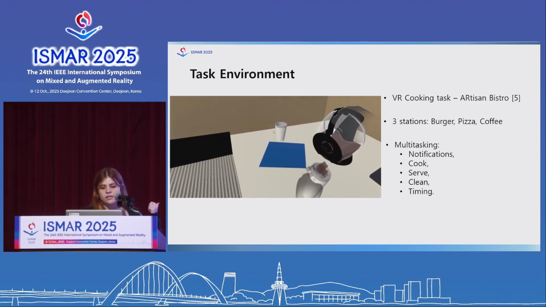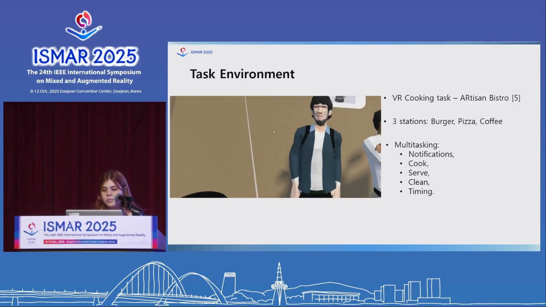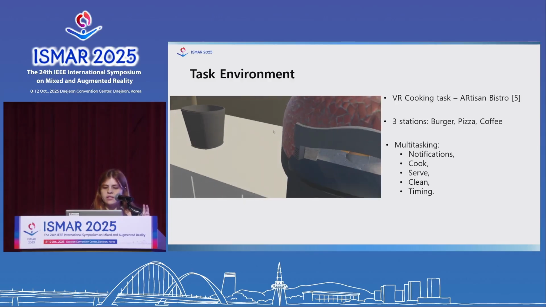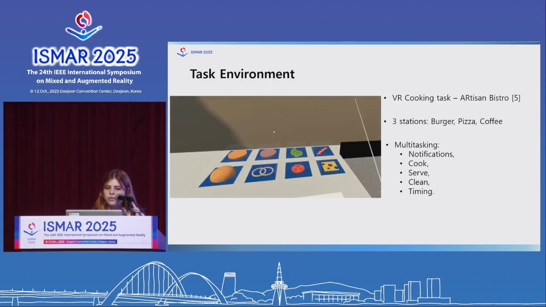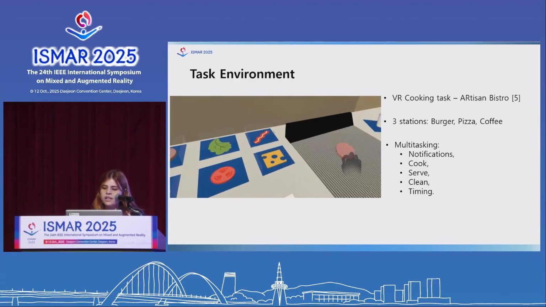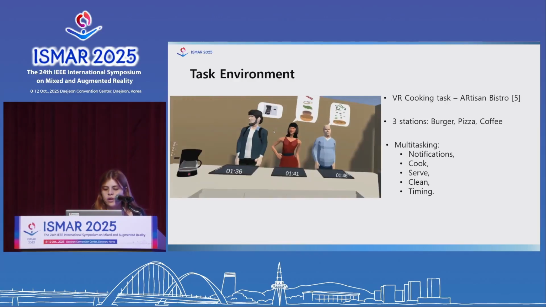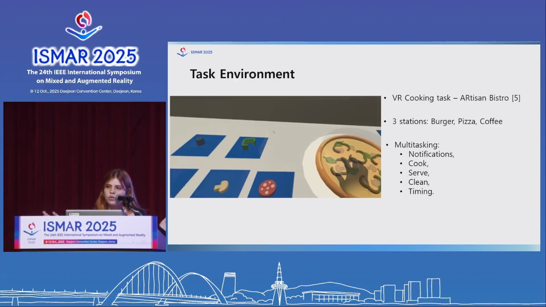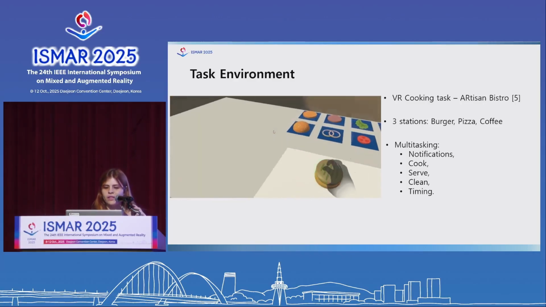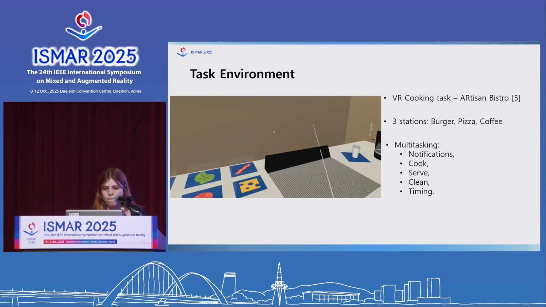In our task, 3 customers arrive at the same time and all have 2-minute lifespans. Participants had to prepare 3 things in 2 minutes. For instance, while pizza is cooking, they have to switch to the burger task, and during the burger preparation, the pizza may be burned. So we chose this environment as users should be aware of all the things going on in the environment.